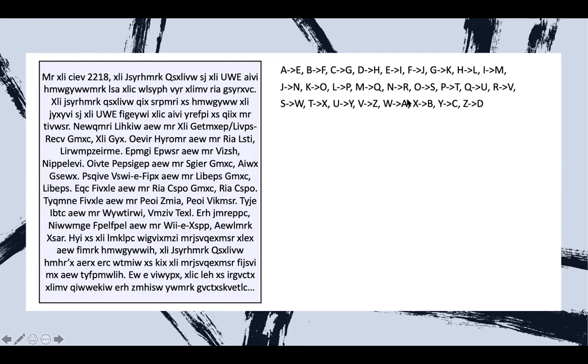So M would be, person, so it will be I, and R will be N, so "in", and X would be T, L would be H, and I would be E. That's "the", so this kind of seems right.